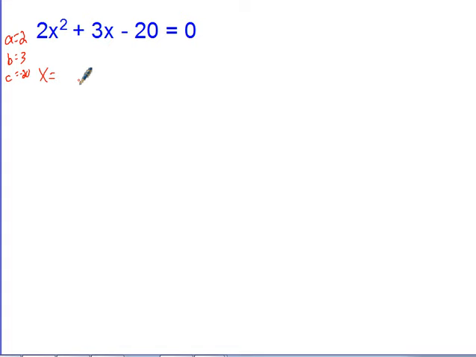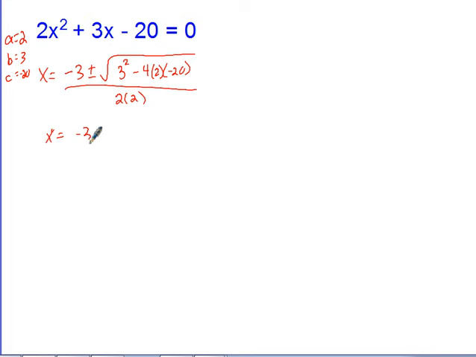All right, so then x equals what? All that over... Okay, simplify the radicand for me. So negative 3 plus or minus the square root of 169 over 4. Does this simplify? What's the square root of 169? Lucky, lucky, it's 13. So negative 3 plus or minus 13 over 4.